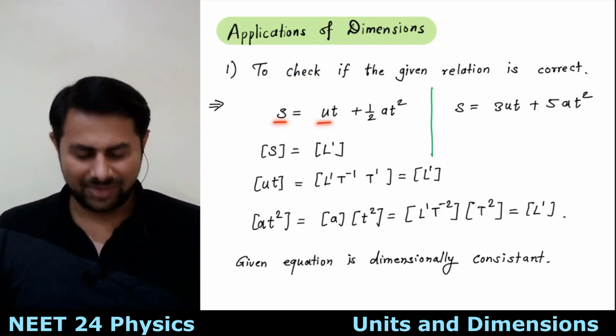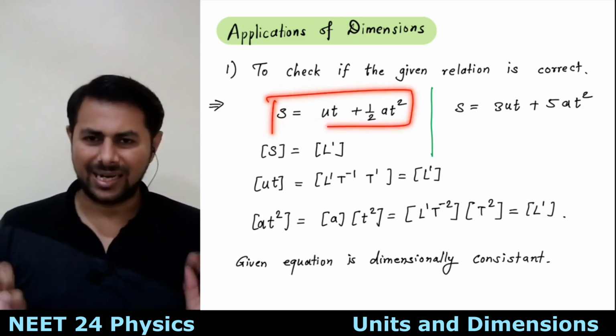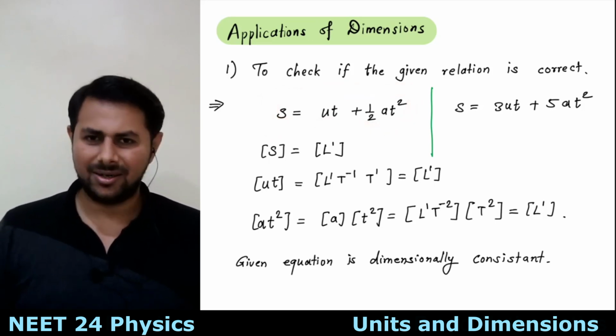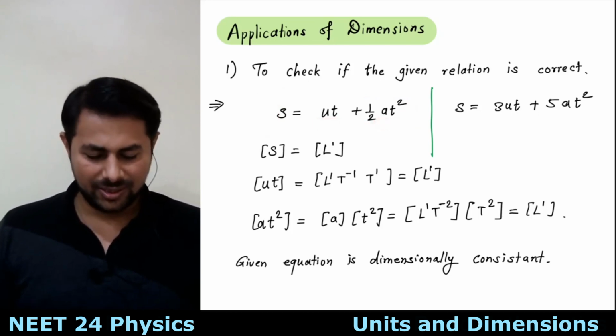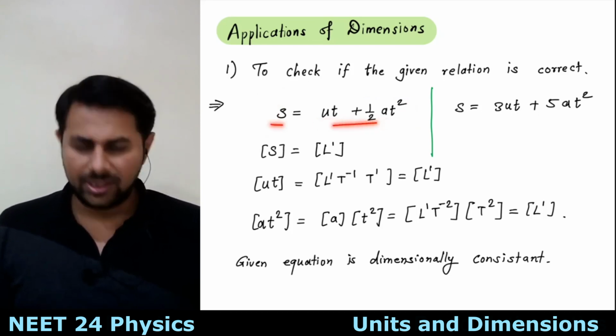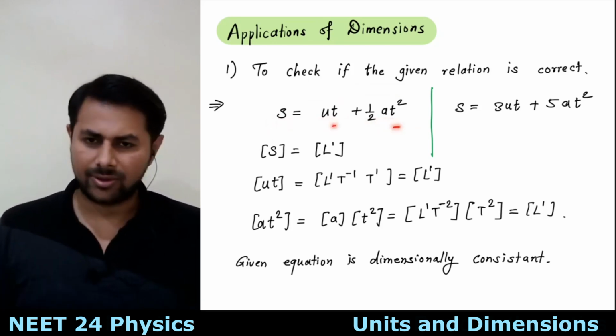So suppose you have this equation, S is equal to ut plus half at square. This is a kinematic equation of motion, and I'm sure most of you know this. Now in this equation there are three terms. One is on left hand side, two are there on right hand side.